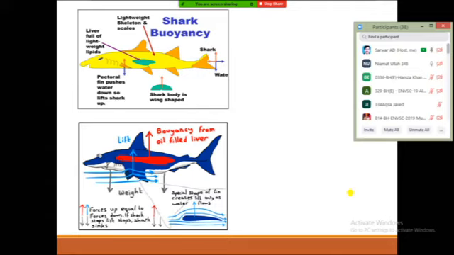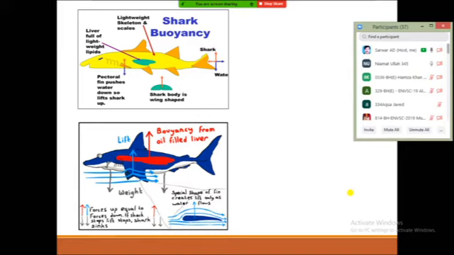For buoyancy regulation, they generally need to move their pectoral fins constantly, and they need to move in the water to have their body lifted up, for the regulation of buoyancy.